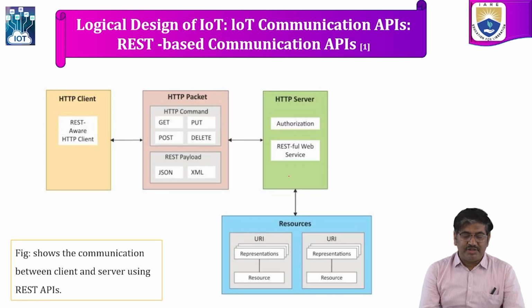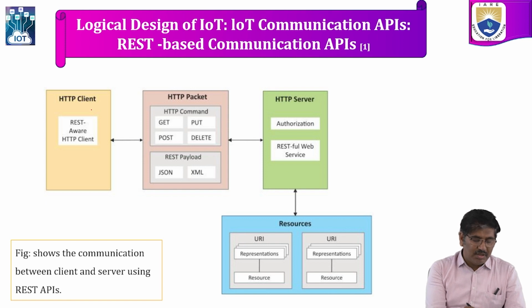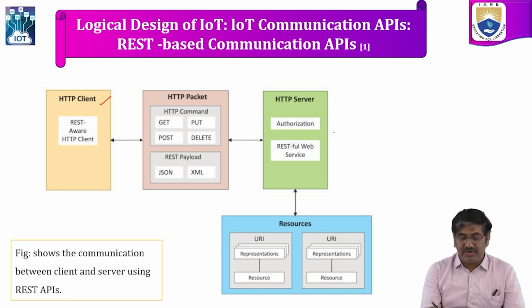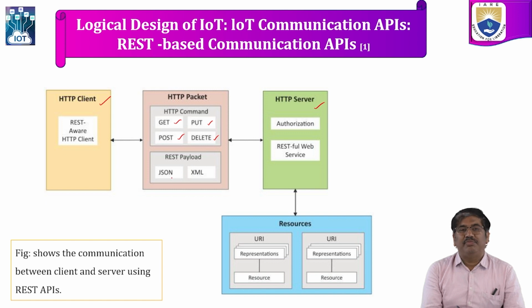Now we will see REST-based communication APIs, where communication is established between the client and the server using REST APIs. Here, a REST-aware HTTP client will send HTTP packets by using the methods GET, PUT, POST and DELETE, whereas the REST payload can be in JSON or XML format.